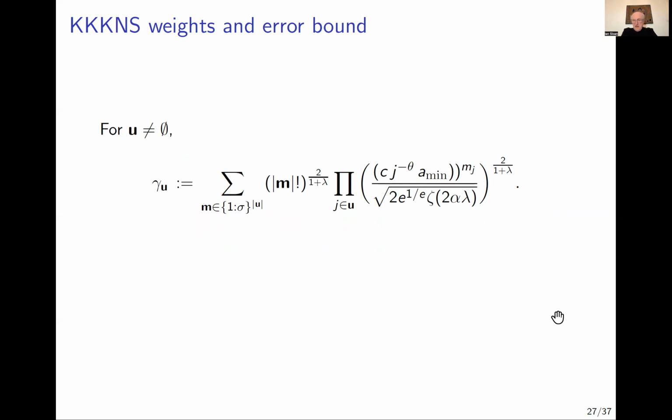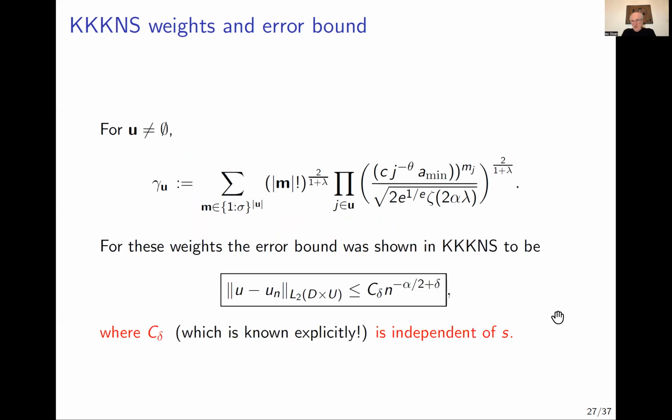It's a little complicated, and I don't want you to dwell on the details, but for these weights, as I said, the L2 error bound is bounded by a constant times n to the minus alpha on 2 plus delta for arbitrary delta. The C delta is known explicitly, remember, in terms of the zeta function and all that sort of thing. It depends on delta, but is independent of s, of the dimension.